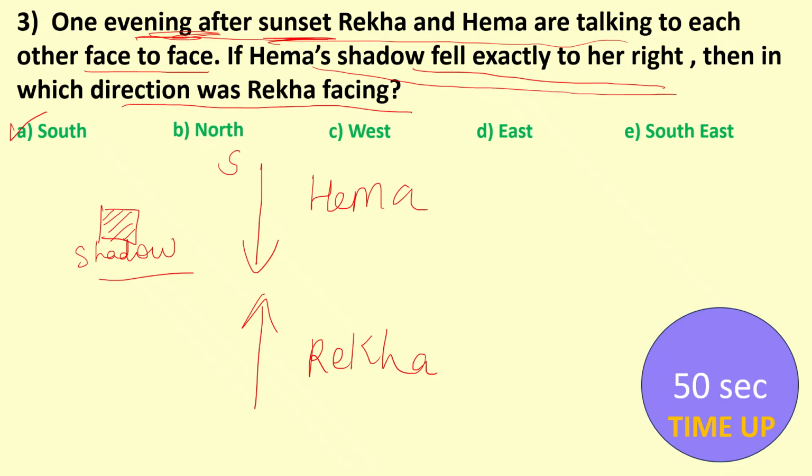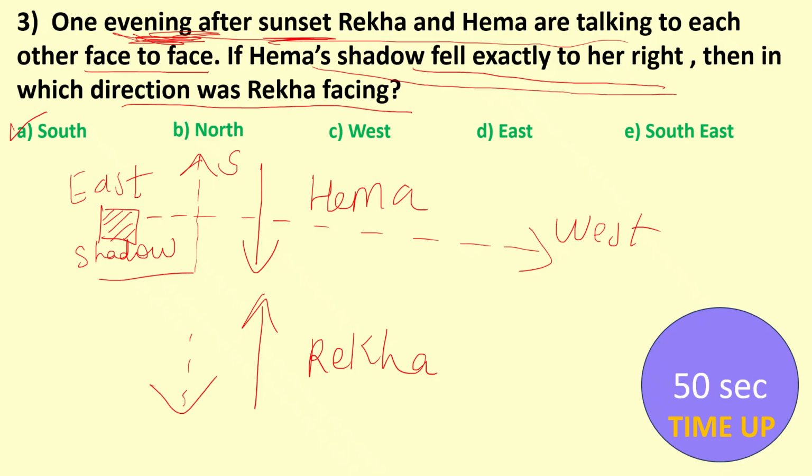And now see the timing. Evening time they have given. Evening time the shadow falls in the east. So this is east. If this is east, the opposite side will be west. Right of east will be what?